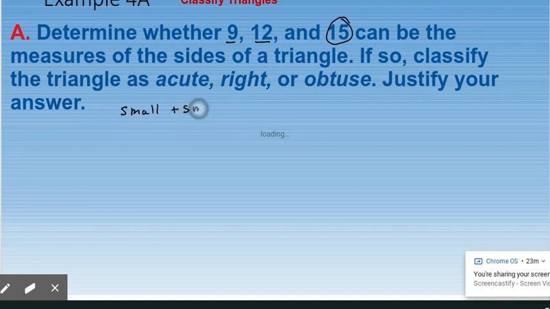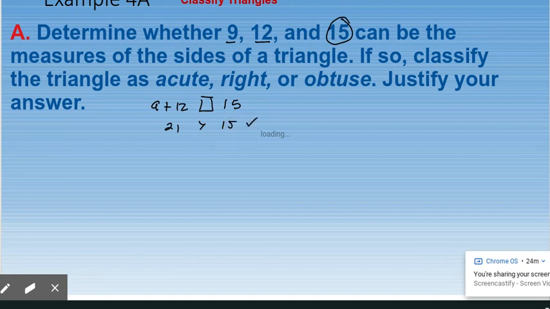The smallest side plus the next smallest one has to be bigger than the largest one. That's the general way I try to think of it. Quick check: 9 plus 12 and 15. 9 plus 12 is 21, and 21 is greater than 15. So I'm good. That's a triangle.